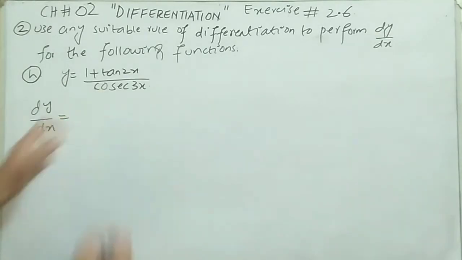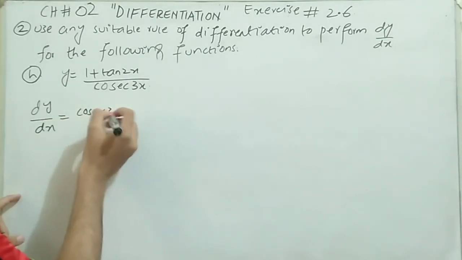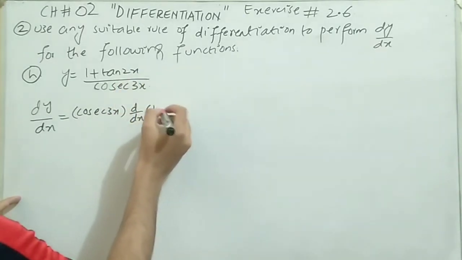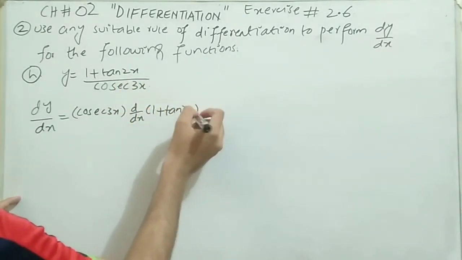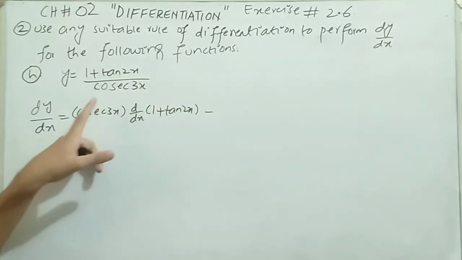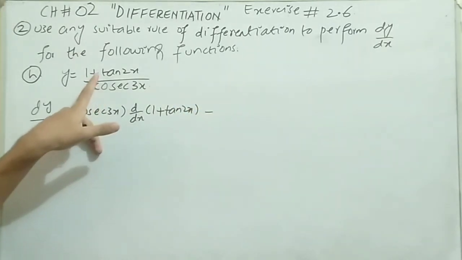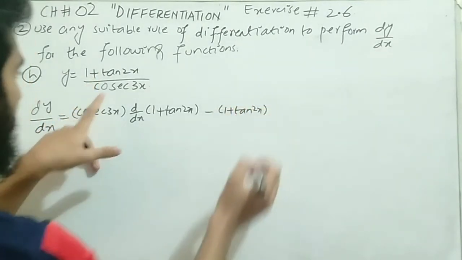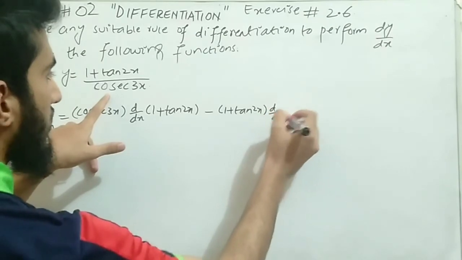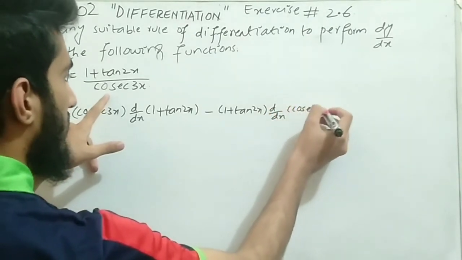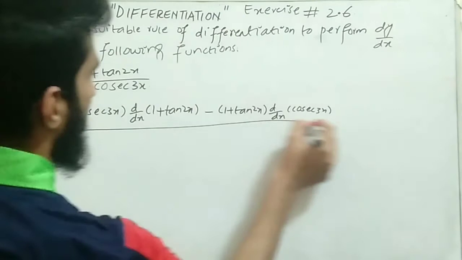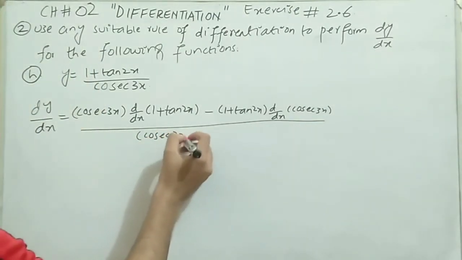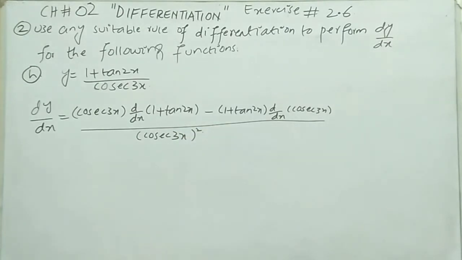The quotient rule tells that second function times the derivative of the first function, 1 plus tangent 2x, minus first function, 1 plus tangent 2x, times the derivative of the second, cosecant 3x, divided by the denominator function whole square, cosecant 3x whole square. This is the general rule of the quotient rule.